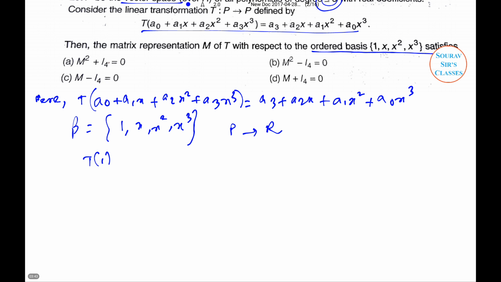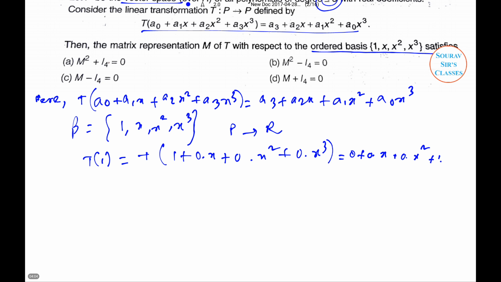So clearly T of 1, which we can write as T of 1 plus 0 into x plus 0 x square plus 0 into x cube. So that is this particular pattern. So 0 plus 0 dot x plus 0 dot x square plus 1 dot x cube.